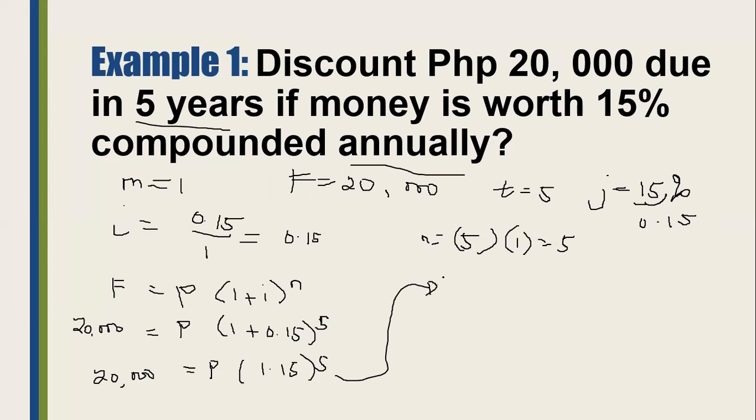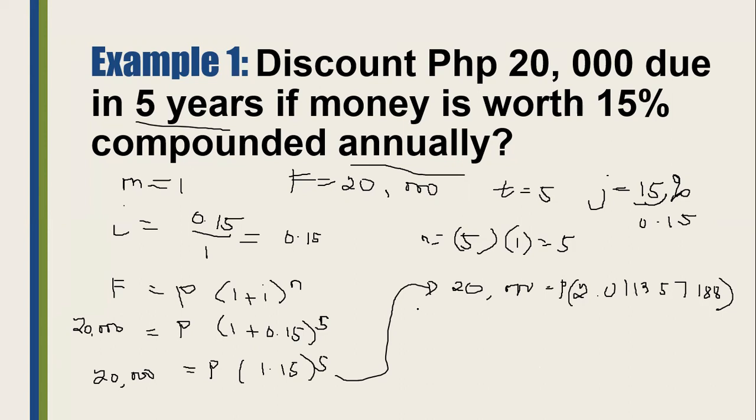So 1.15 raised to 5, so we have 20,000 equal to P times 1.15 raised to 5. So we have 2.011357188.